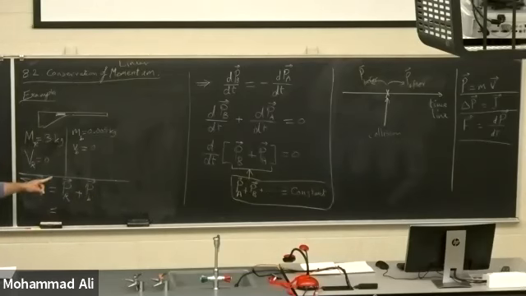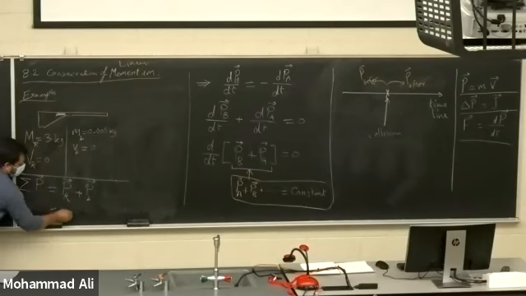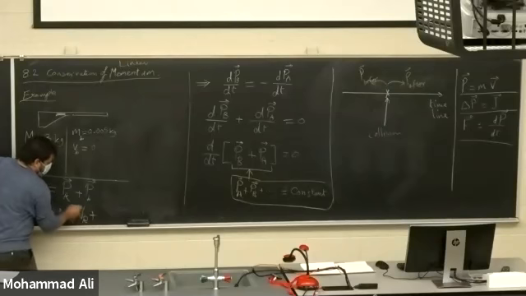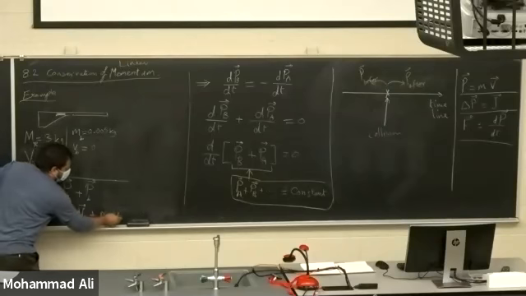That's the relation for the momentum, which is M multiplied by V, plus M for the bullet, V for the bullet.